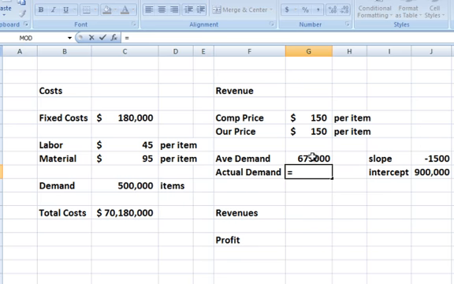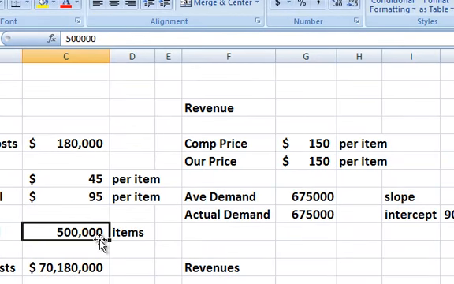So for right now, I'm just going to put in actual demand will equal what we consider the average. And then I'm going to need to change the demand I had just put in for a placeholder over here to be equal to this actual demand. So I'm just going to change this formula to say equals what we just calculated. Had I done the revenue calculations first, I wouldn't have had to do that.